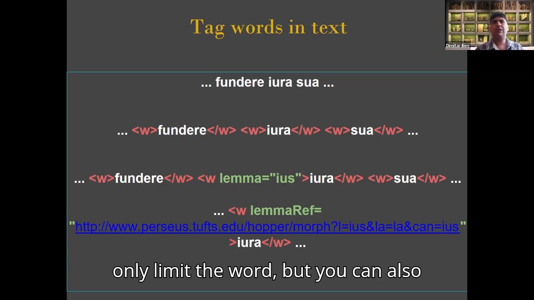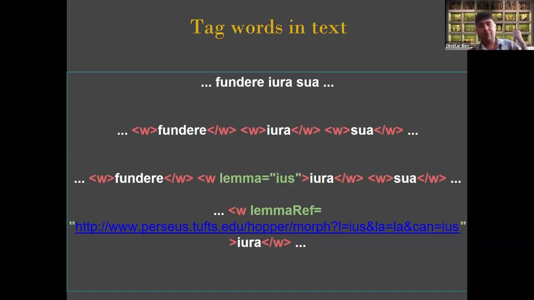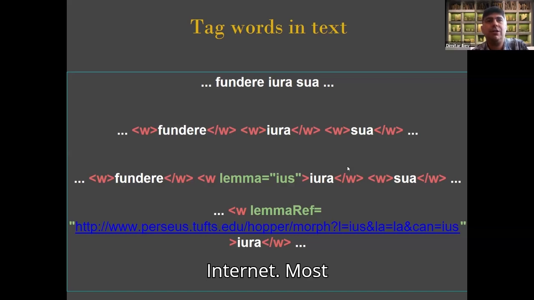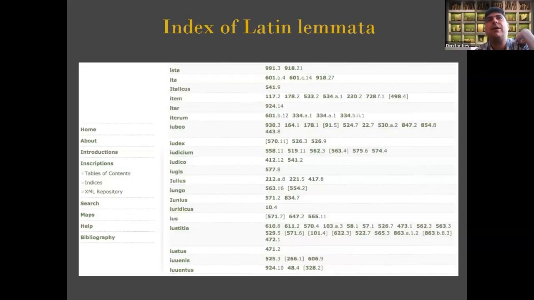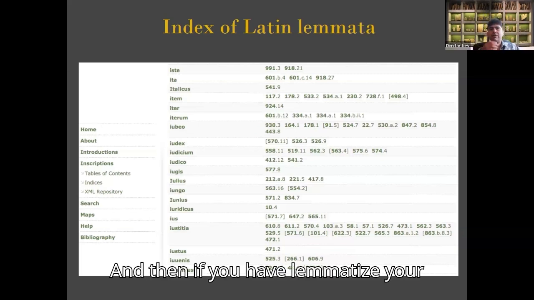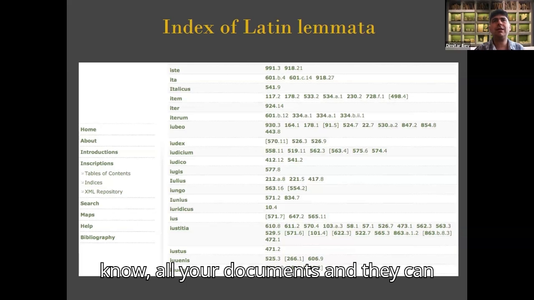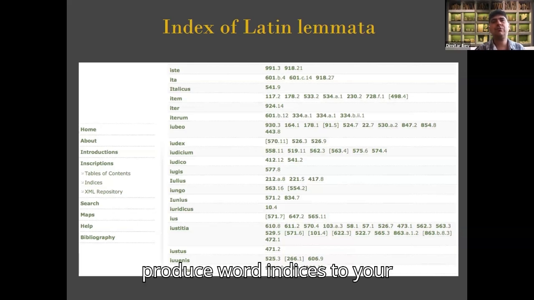So you can not only lemmatize a word, but you can also reference this lemma to a source existing somewhere on the internet. Most probably what will come in handy if you want to do such a thing is the Perseus lemmatizer. And then if you have lemmatized your words, they can be then indexed in all your documents, and they can produce word indices to your corpus, which is really handy.